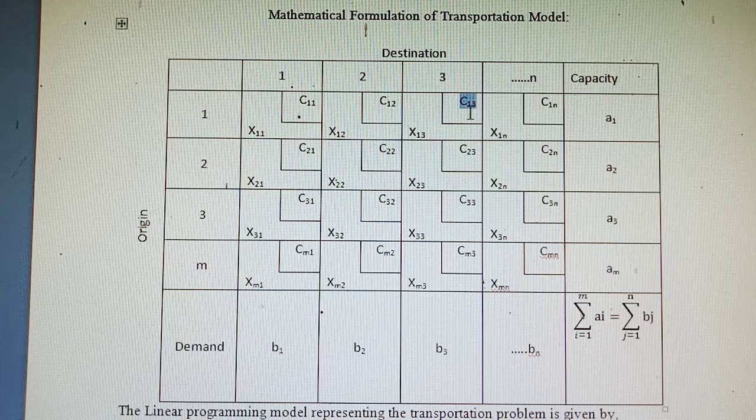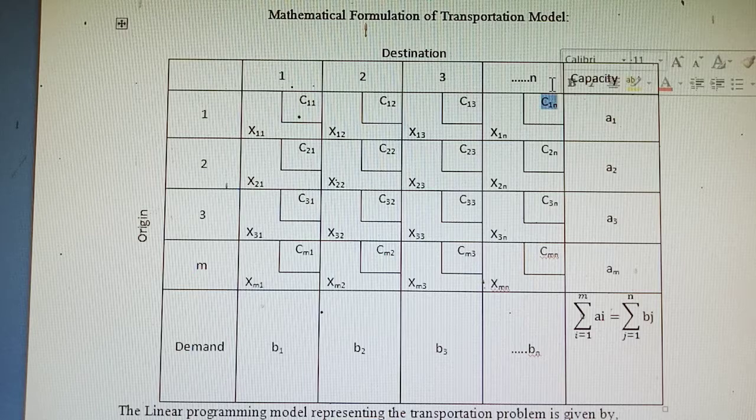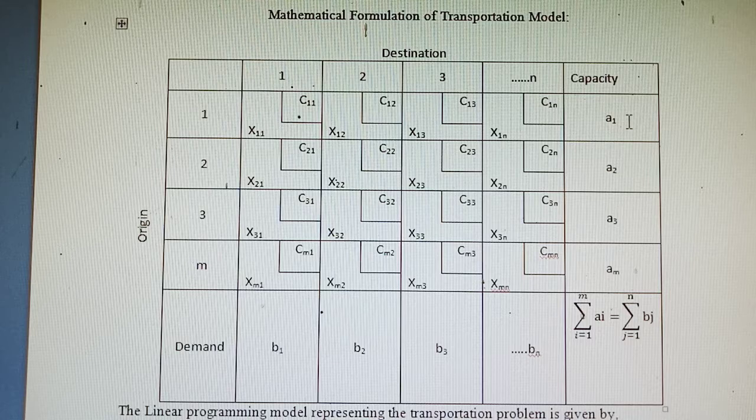C13 is the cost of first row and third column, up to C1n, the cost of first row and nth column. The capacity requirements can be taken as A1, A2, A3 up to Am. They can also be written as Ai. Column wise, we write B1, B2, B3, up to Bn. They can be written as Bj.